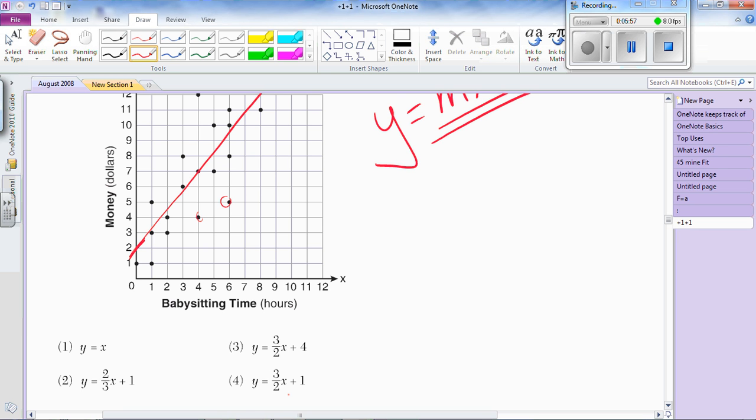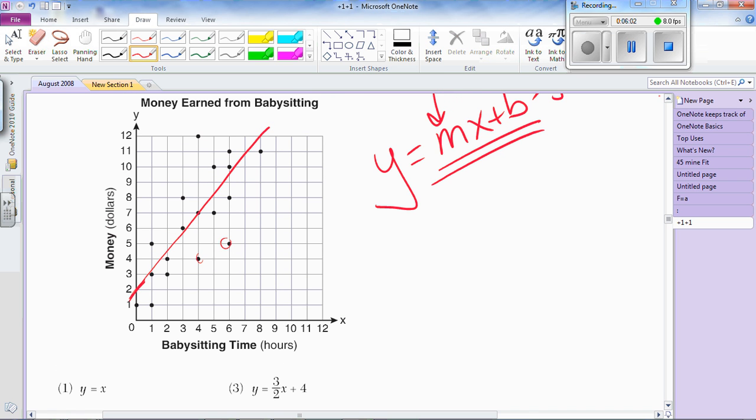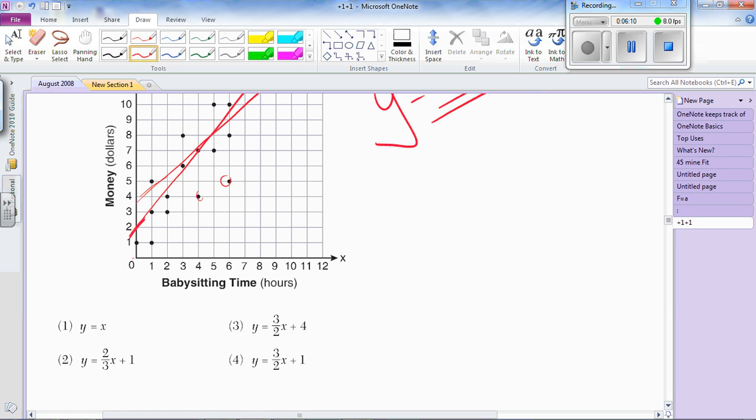It's definitely not 4 because 4 is just too high. I mean, if I was going to have a y-intercept of 4, I'd have to have my line kind of go like that, and that just kind of ignores all this stuff. So I know it's not 4. It doesn't have a y-intercept of 0 because that would be like all that. So I know it's not that one.